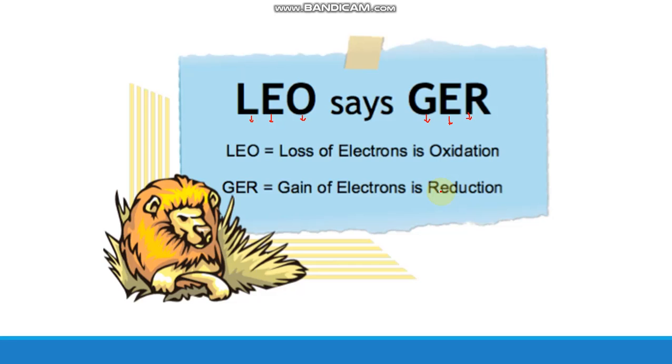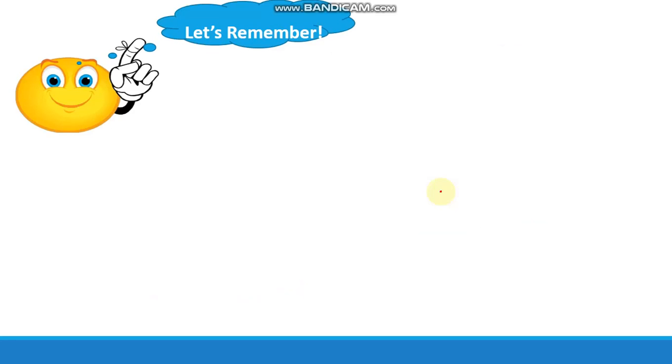And so the second objective of our session is to apply the method of oxidation number to identify redox reactions. But before going to this method, let's remember the oxidation number rules.